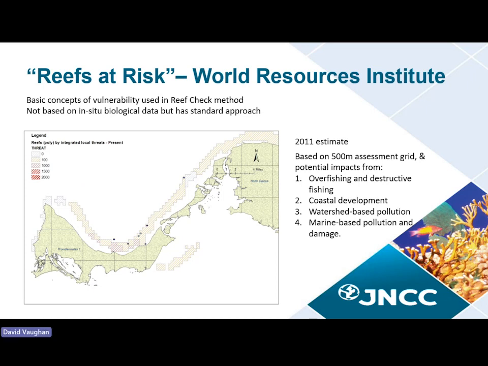They're looking at overfishing and destructive fishing. They're looking at coastal development and pollution, whether from a watershed or marine-based pollution. The sources for those data are generally regional in scale, and I'm not in a position to say how good they are, because it all depends on what the reporting systems are.